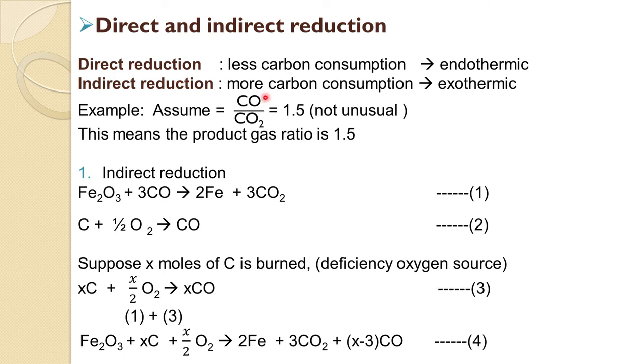Usually the CO/CO2 ratio is about 1.5 in the blast furnace, which we can assume is quite usual. So, that is the product gas ratio. Now, hematite is getting converted into iron, with the overall reaction as we said.